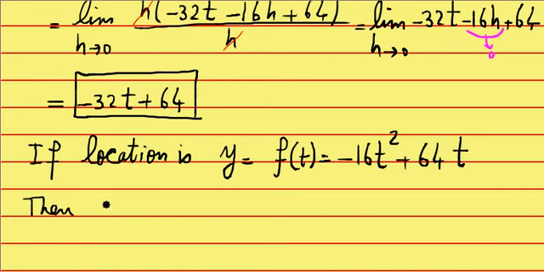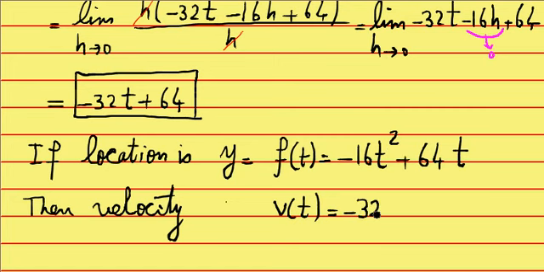Then velocity, you remember velocity means instantaneous. Velocity as a function of time is this: minus 32t plus 64. So that's the conclusion of part 1.